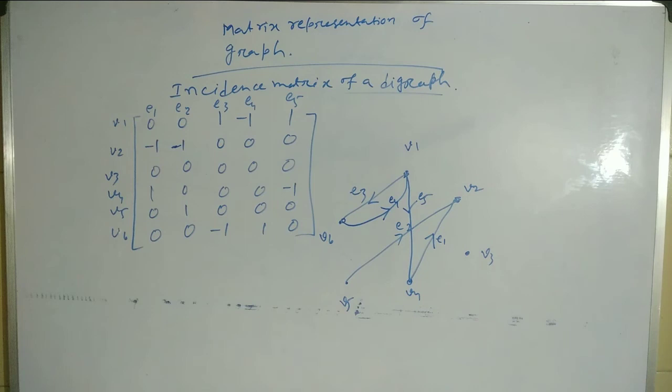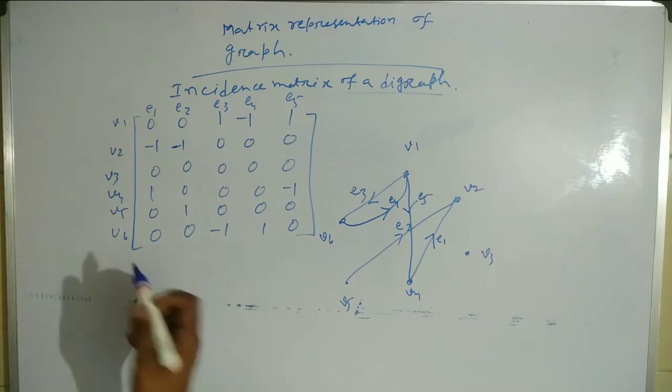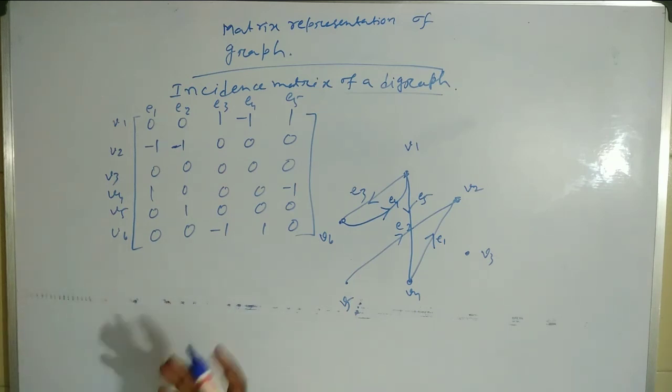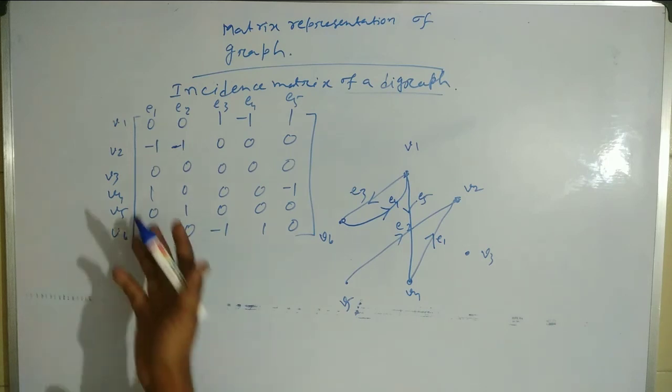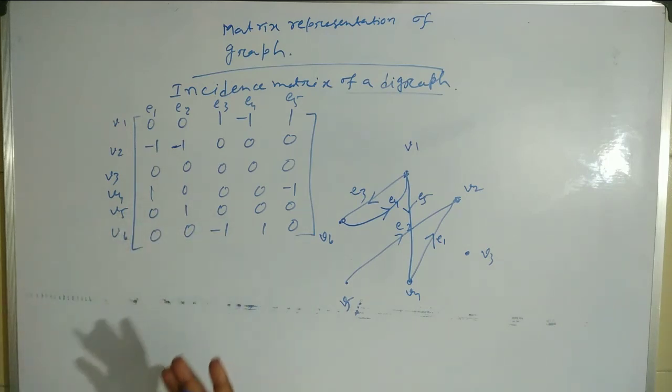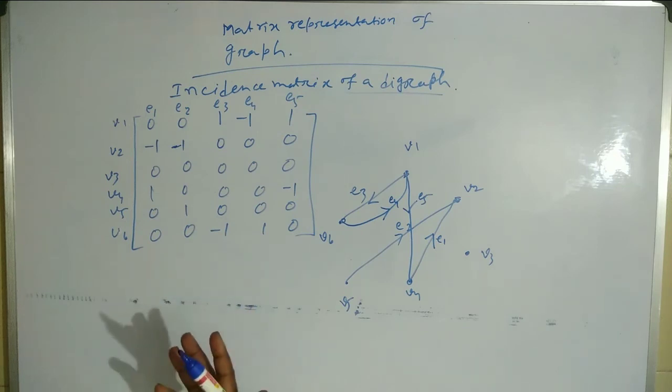Now a basic property of the incidence matrix for a digraph: you can see that in every column there is one minus 1 and one plus 1. What is the reason? Because every edge must be going out from some vertex and going into some vertex. So there will be a plus 1 and a minus 1.